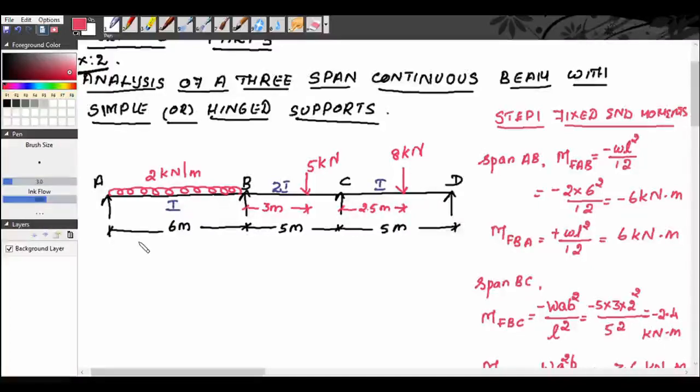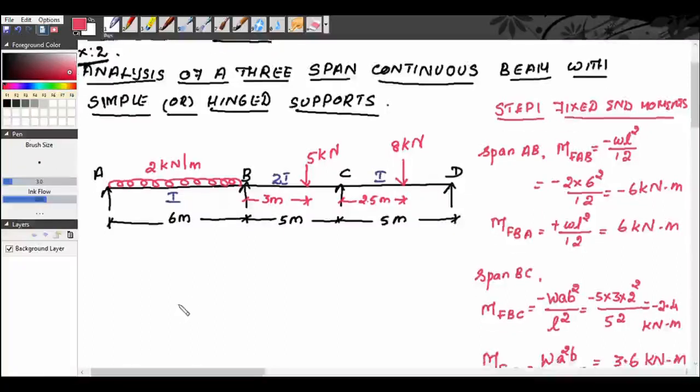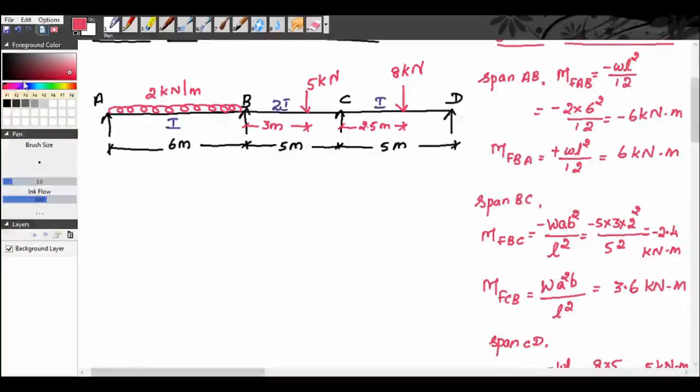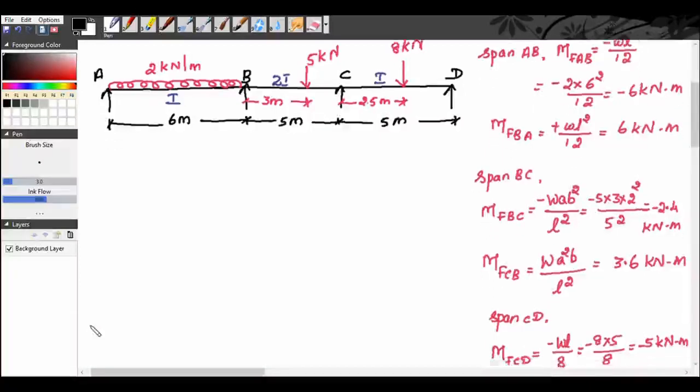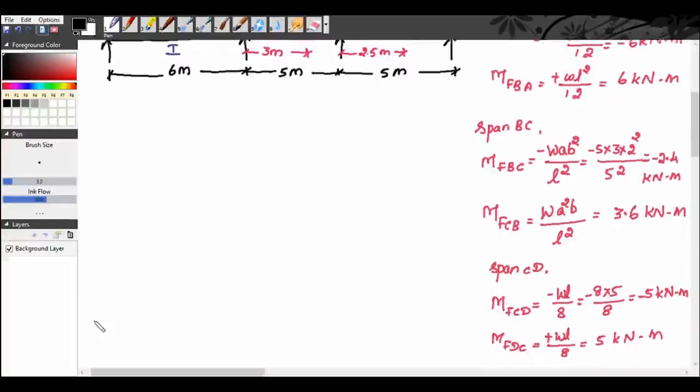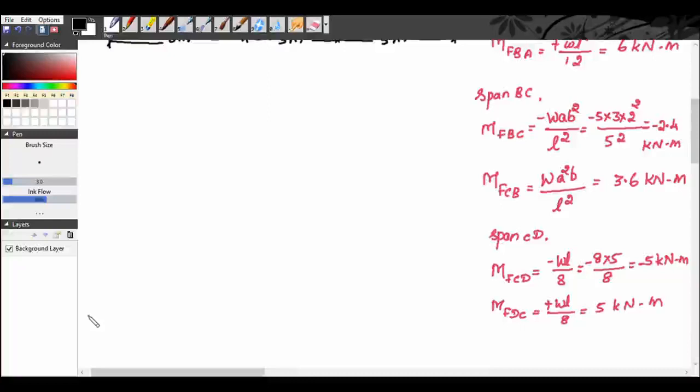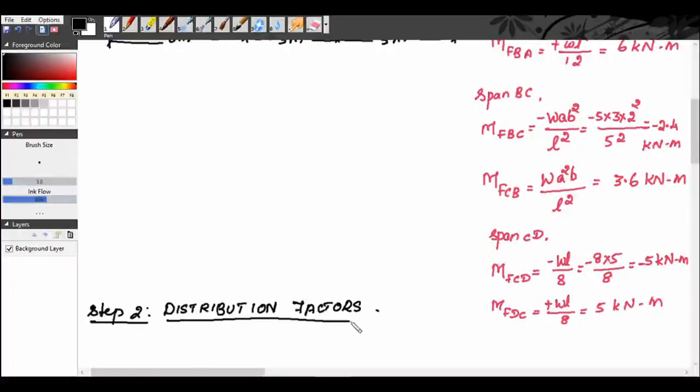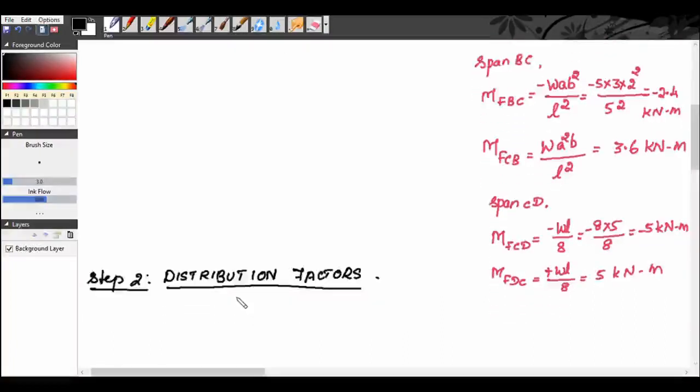So step 2 is distribution factor. First of all, for distribution factors, we will write the joints.